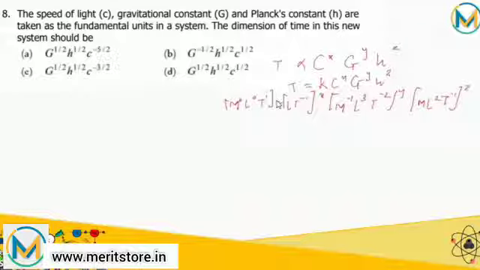Okay, so M^0 L^0 T^1 will be equal to M^(-y+z) L^(x+3y+2z) T^(-x-2y-z).